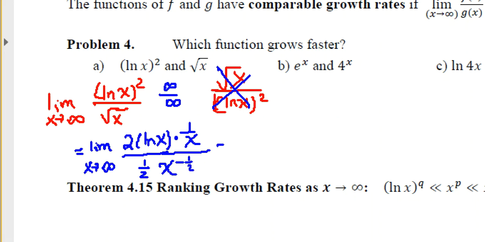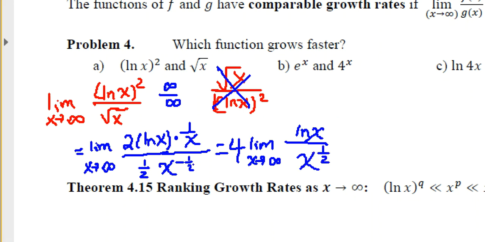Then you're going to simplify. You see a constant 4, I'm going to move that out. Limit as x approaches infinity, and here I have natural log of x. And then the 1 over x, you can move down to the bottom. Actually, it becomes x to the 1/2 if you combine the powers.